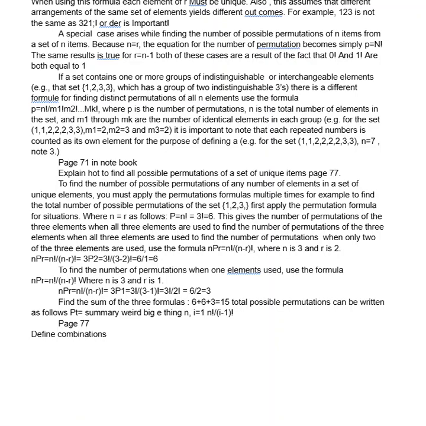So 3P2 equals 3 factorial in the numerator, passing the fraction bar into the denominator, start parentheses 3 minus 2, end parentheses, factorial, equals 6 over 1, which equals 6.